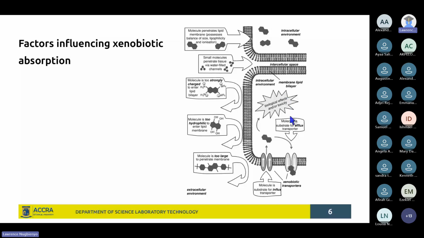If you remember your biochemistry, where we talk about receptors, you have some receptors that are on the surface of the cell, so that xenobiotics can just bind on those receptors and have their effect. And you have some receptors that are inside of the cell, and substances that will have to pass through the membrane into the cell to bind to those receptors before you have the effect coming out of them.